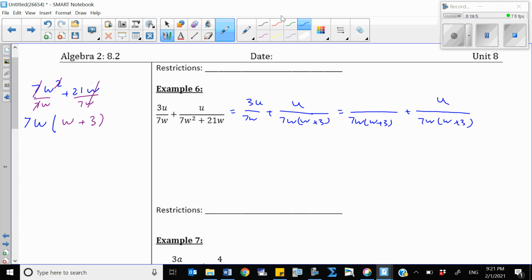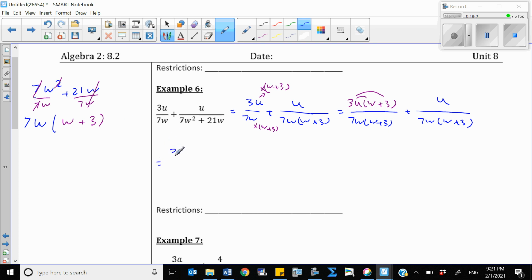But for the first one, we multiplied this one by w plus 3. So we have to do the same thing to this one as well. Multiply that by w plus 3. So this will be 3u times w plus 3. Now I can distribute the 3u.